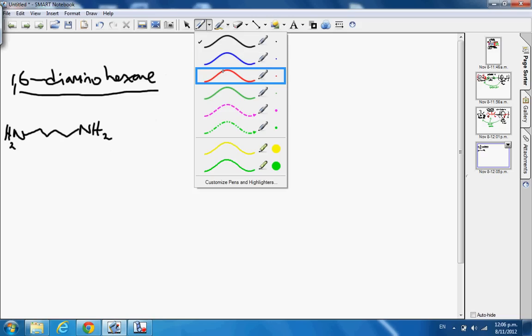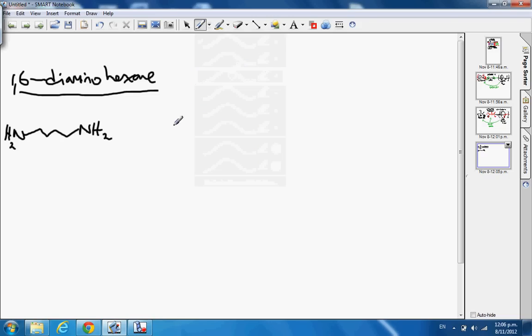Now the second monomer, again we'll use a different color, and let's go with red. There are 2 possible monomers that we can use to add to the diamine, and we can use hexane dioic acid, which is simply a dicarboxylic acid.